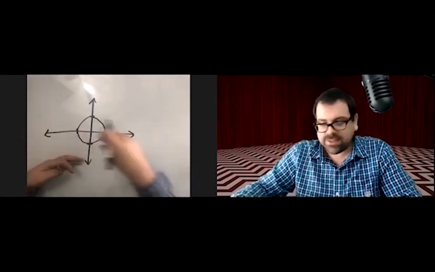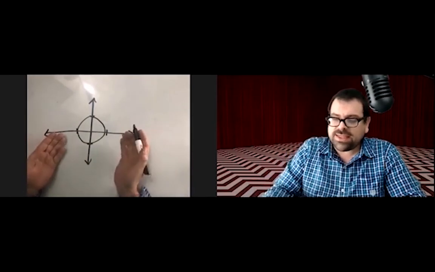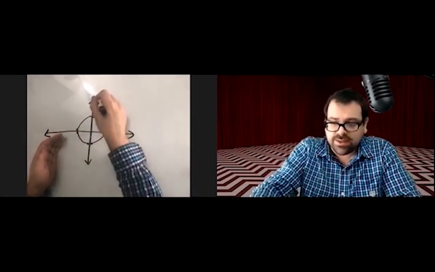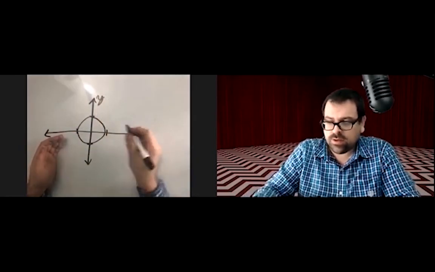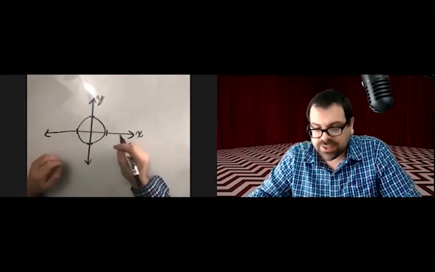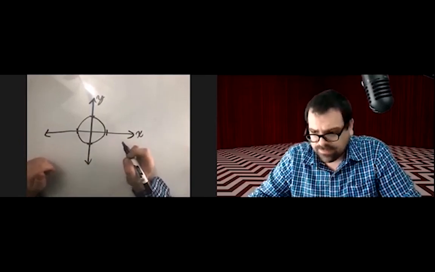That means it has x-axis symmetry. We can see that if we were to fold it over the y-axis, that it would line up with itself. We call that y-axis symmetry.